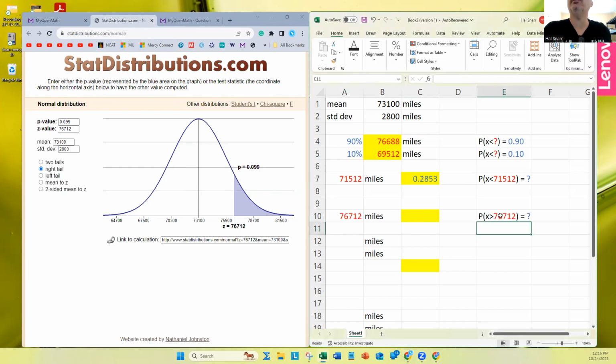So this probability is equal to 1 minus, okay, these two probabilities are the same, right?